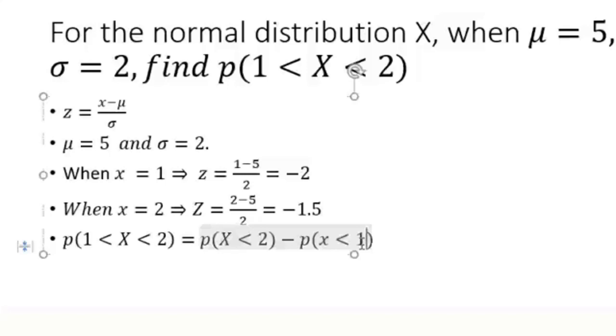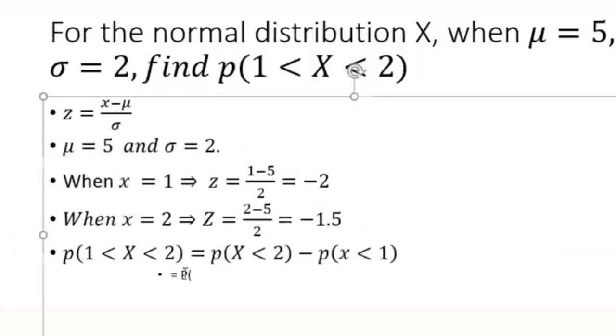It is equal to probability of z less than, when x is equal to 2 we got z is minus 1.5, so z less than minus 1.5, minus probability of, when x is equal to 1 we got z value is minus 2, so z is less than minus 2.